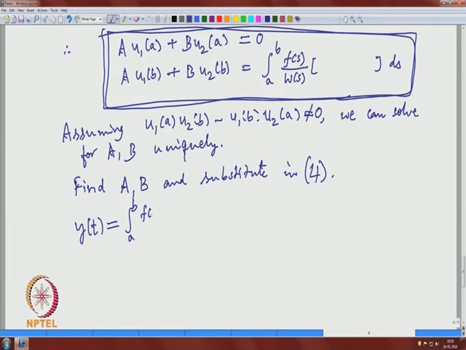So, let me just write that, A, B, f s. I forgot to tell what W s is. Let me complete that thing. Okay. U1 b U2 s minus U1 s U2 b. You also check that. I might have done some mistake, but you can verify yourself. These are just linear equations, so there is no problem in verification.